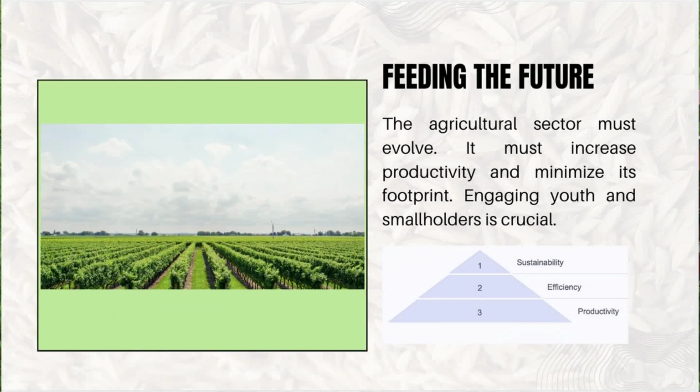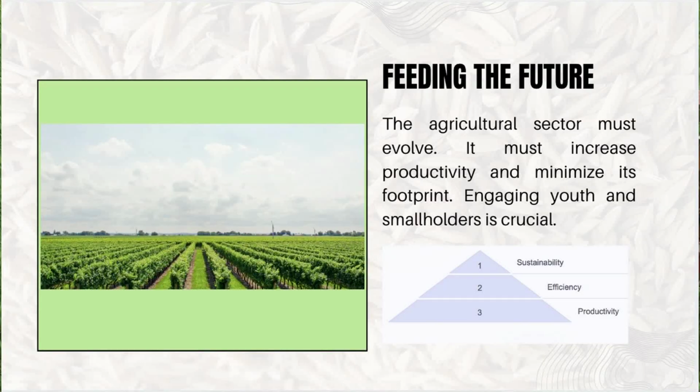Therefore, engaging youth and smallholders in innovation and integrating policies that support sustainable farming practices are crucial steps forward. For example, studies in Ethiopia and Tanzania show that adopting improved farming technologies reduced poverty and increased household welfare. Dear learners, it is reported that by 2050 the world population will be around 9 to 10 billion.